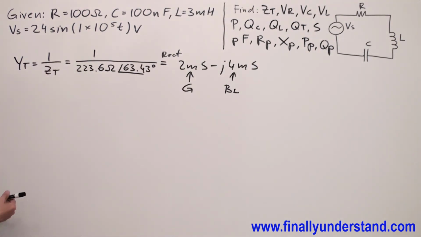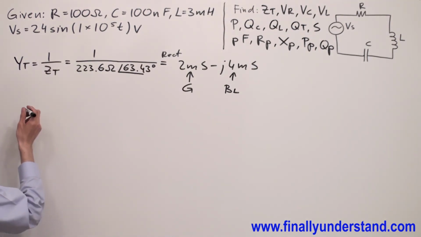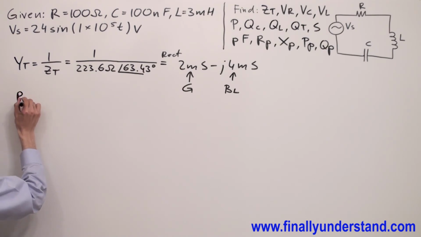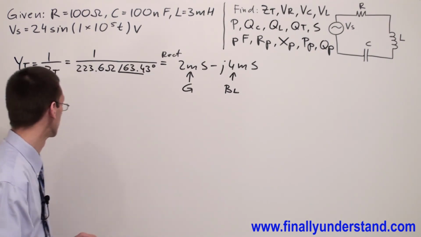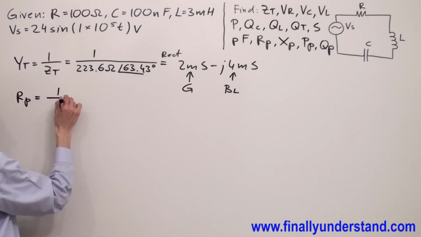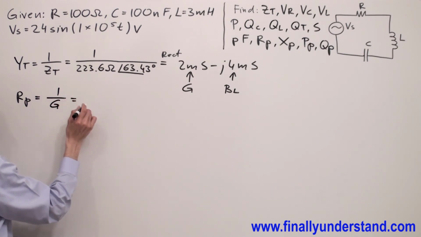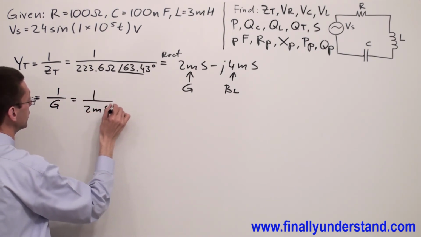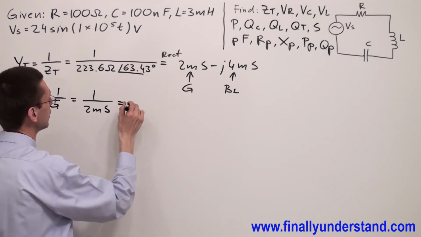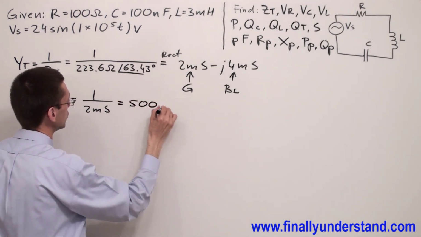So what am I supposed to do next? I'm supposed to find RP, the resistance in my parallel equivalent circuit. This is equal to 1 over G. 1 over 2 millisiemens is equal to 500 ohms.